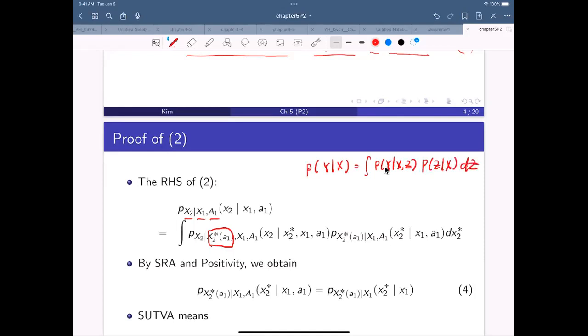So this one plays the role of z here, and then I integrate out over z.